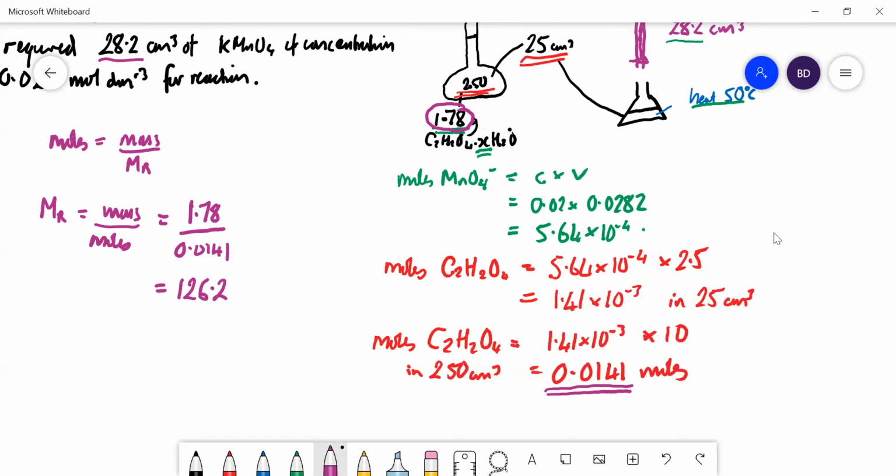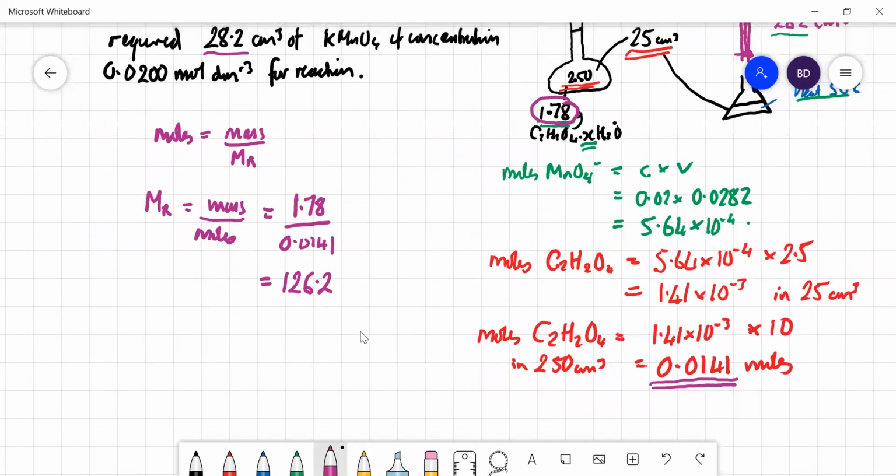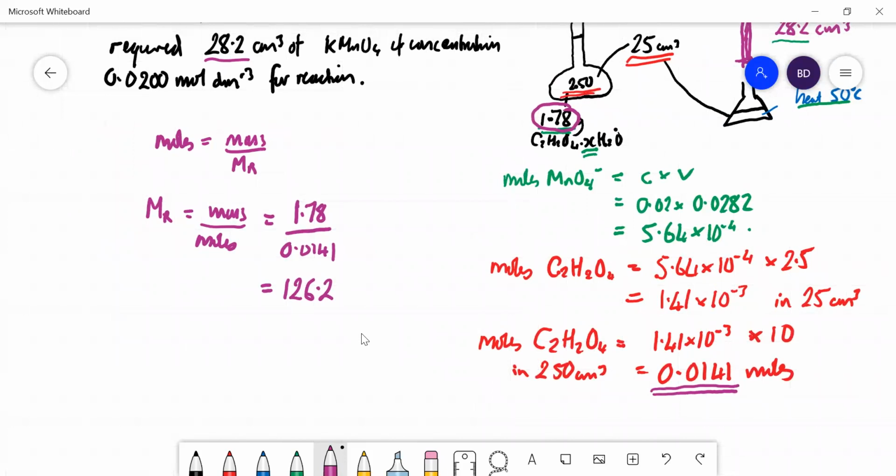Okay, so now we should be able to work out the moles of water there, because if we write down the formula of our ethanedioic acid, it is C2H2O4.XH2O, and that's equal to 126.2. So the whole thing is 126.2.